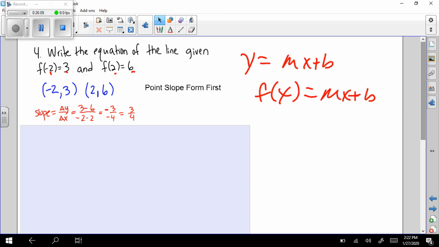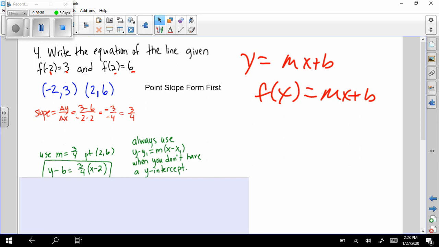Not at all, because a negative divided by a negative is a positive. That's up to you. But I'm going to use point slope form now that I have slope. I had an abundance of points. I do not have a b value this time, so I don't have the option to go right to y equals mx plus b unless I want to do some back solving, which is legit as well.